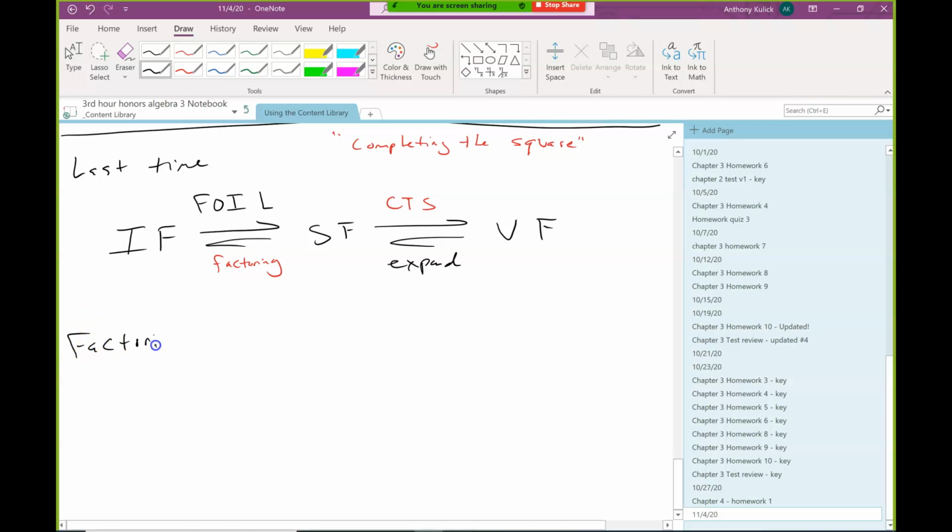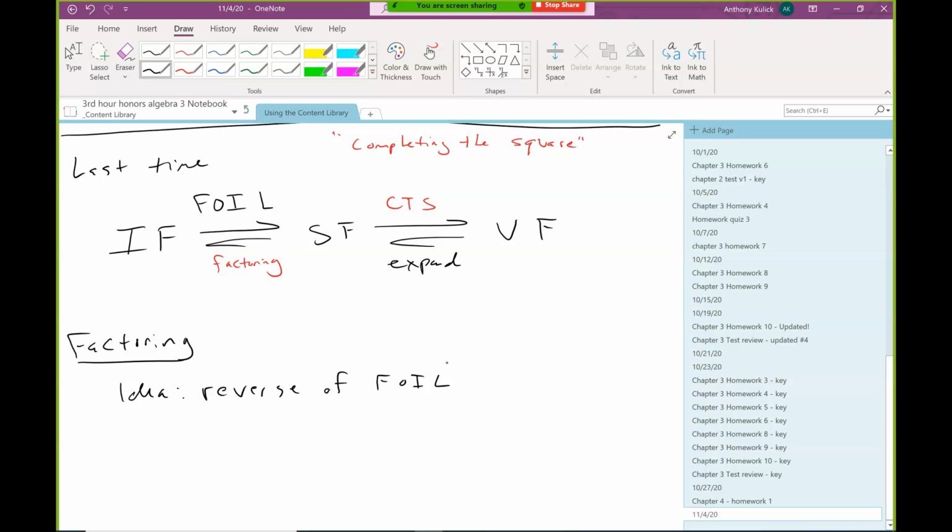So let's start with the factoring. So the idea here, this is the reverse of FOIL. So let's start with a FOIL problem, and then we'll use that as our guideline for how to develop a procedure to do factoring.